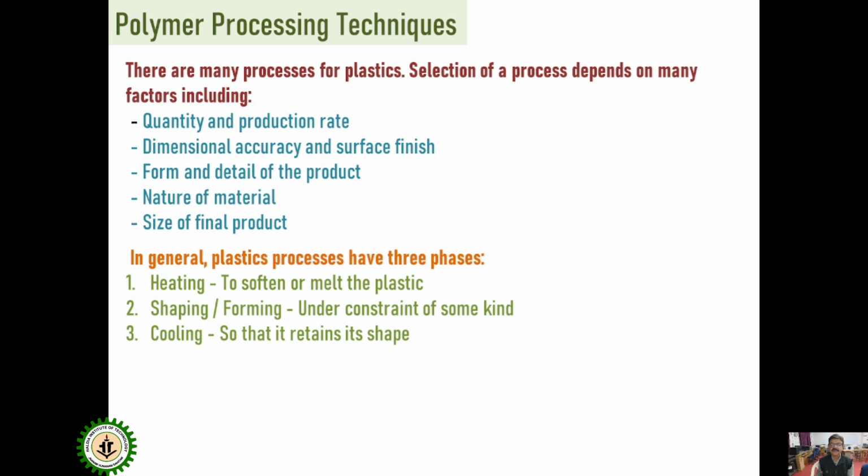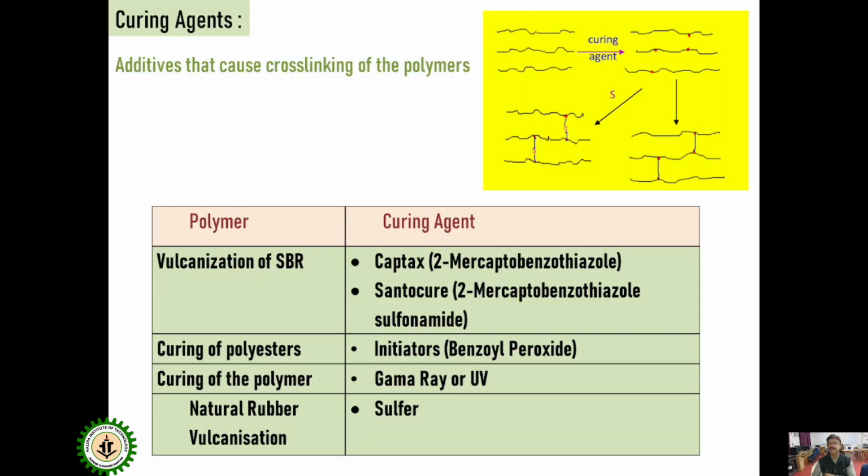Curing agent is very prominent in the case of natural rubber. Natural rubber is obtained from nature, but its tensile property is very low in raw natural rubber.